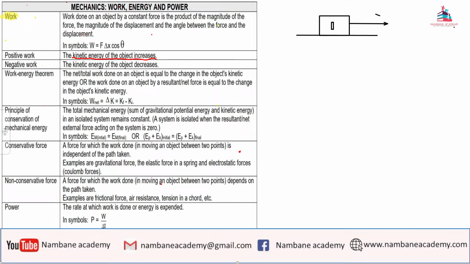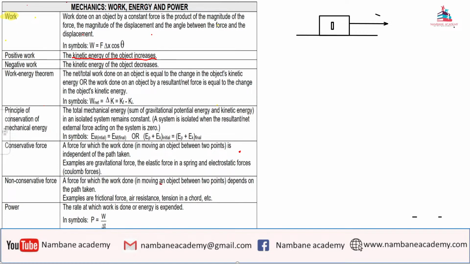What does this say to me? It says for me to use the work energy theorem, I must be in a position of calculating the F net. I must actually know what the value of F net is.